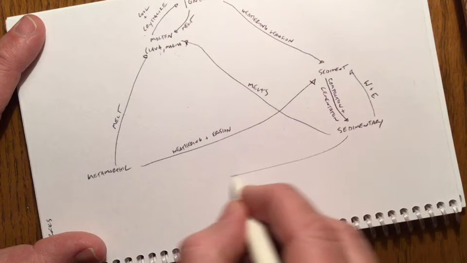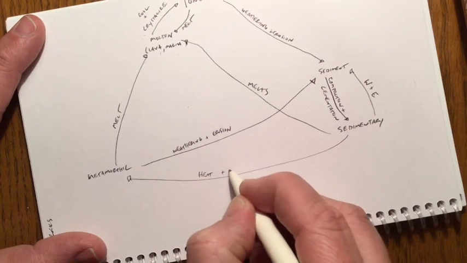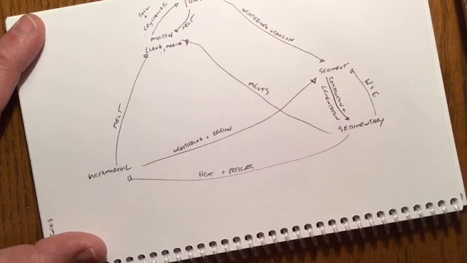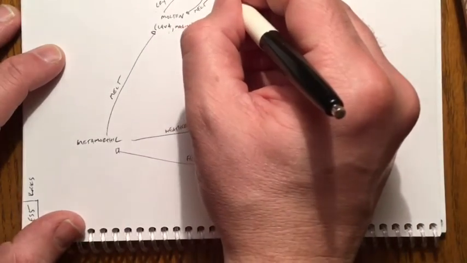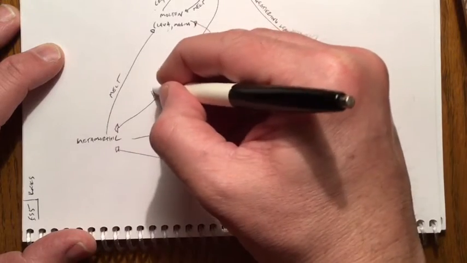Sedimentary rock, to become metamorphic, is exposed to heat and pressure, or sometimes chemical action, but for this activity I'm just going to write heat and pressure. Igneous rock can also become metamorphic.